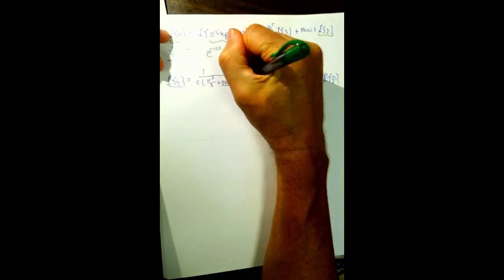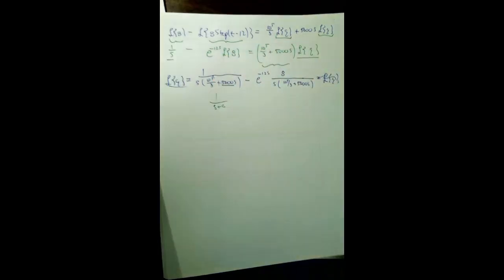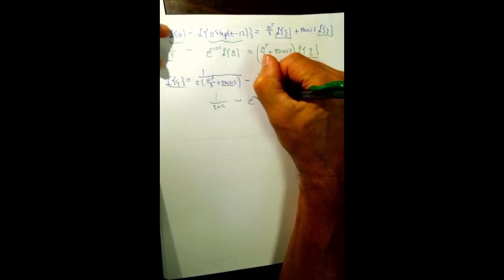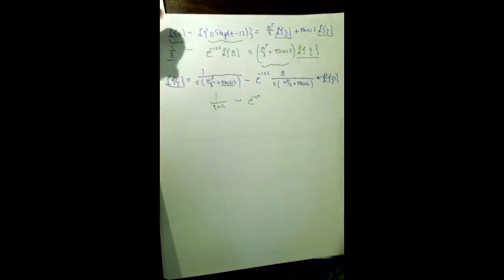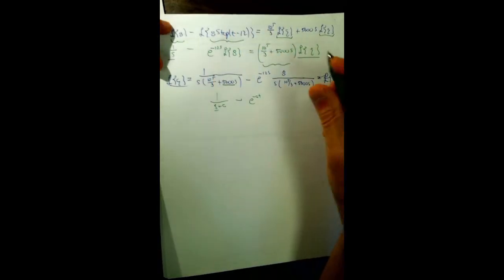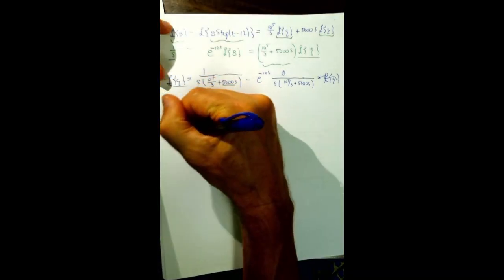I'm not thrilled with that, because I know that if I have something like that for the Laplace transform, I'm going to get e to the minus at. So I would like for my coefficient on s to be 1. So here's what I'm going to do. Let me rewrite it.